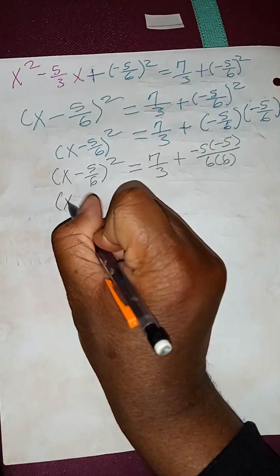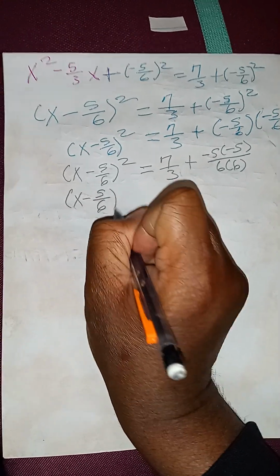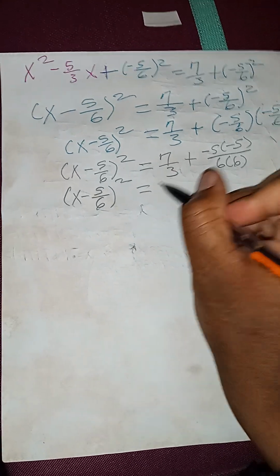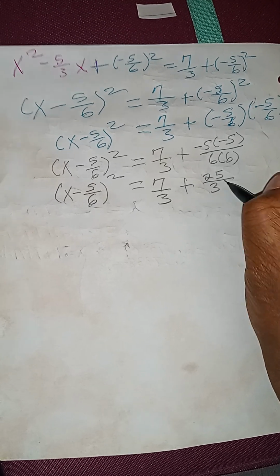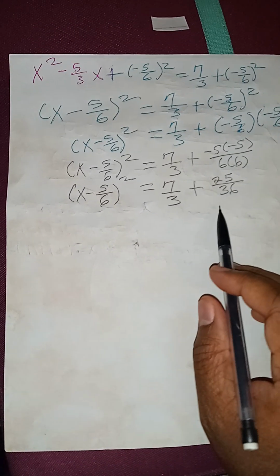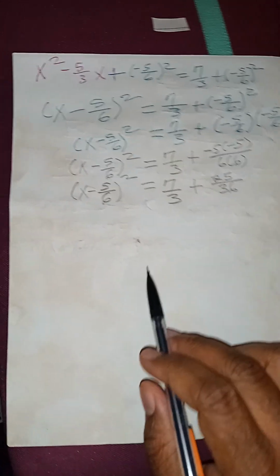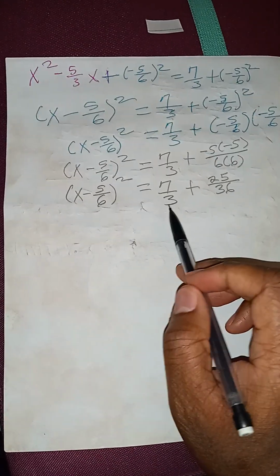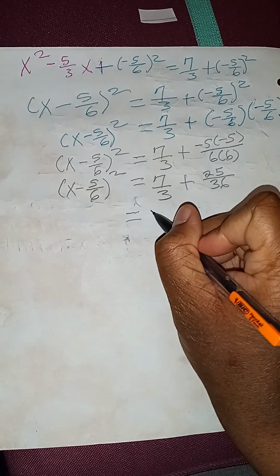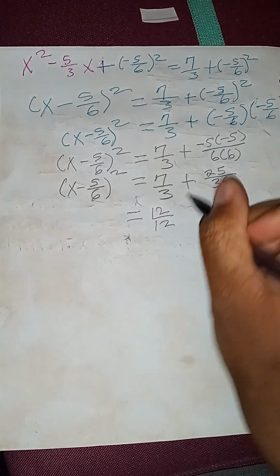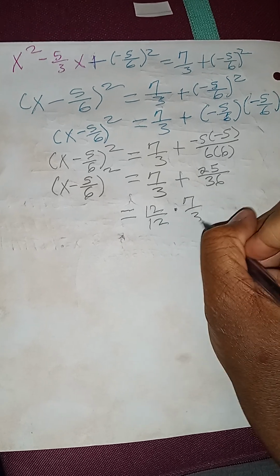Then x minus 5 over 6 squared is equal to 7/3 plus negative 5 times negative 5 is 25 over 6 times 6, which is 36. So x minus 5 over 6 squared is equal to 7/3 plus 25 over 36. And 3 goes into 36 12 times, so that means the least common denominator is 36, so we need to multiply 7/3 by 12 divided by 12 to get a common denominator.